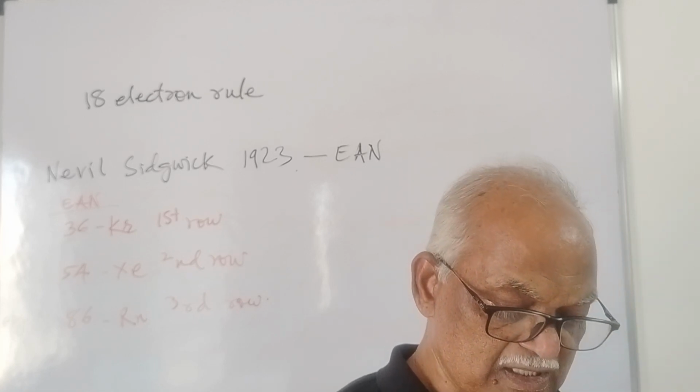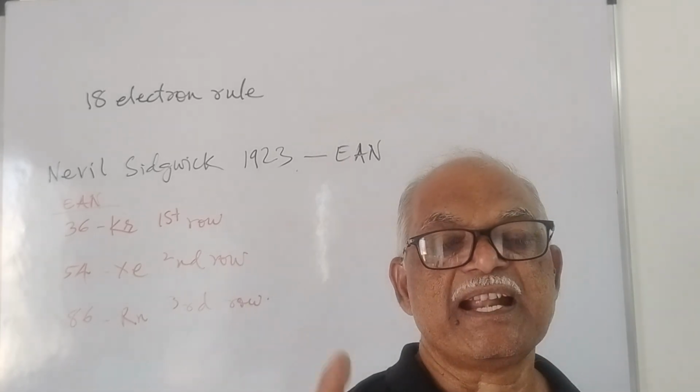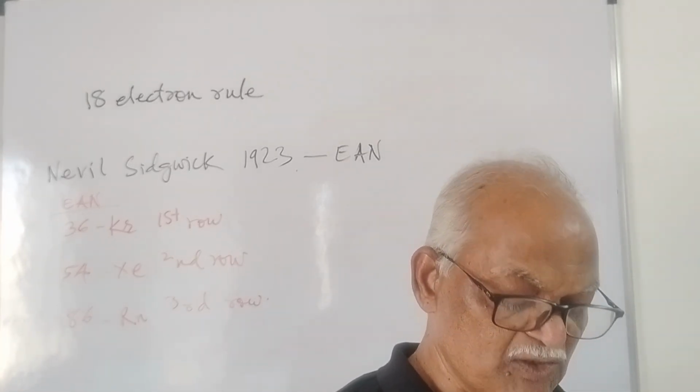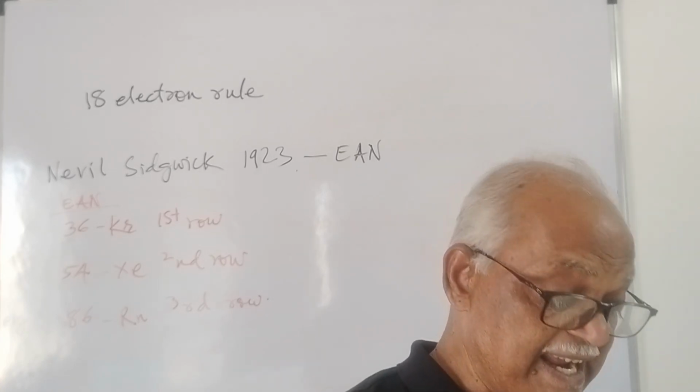To apply this rule, the assumptions made were that ligands are considered as Lewis bases, and the metal is considered as the Lewis acid.